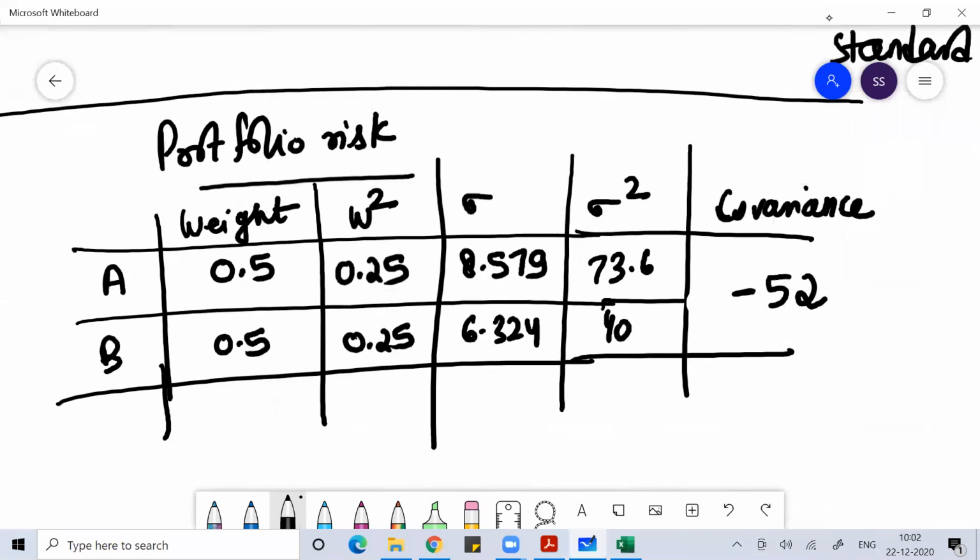Because the covariance is negative, the portfolio risk will definitely decrease.